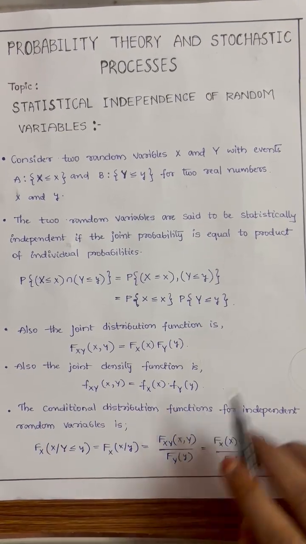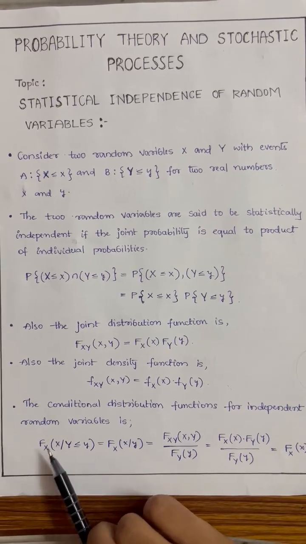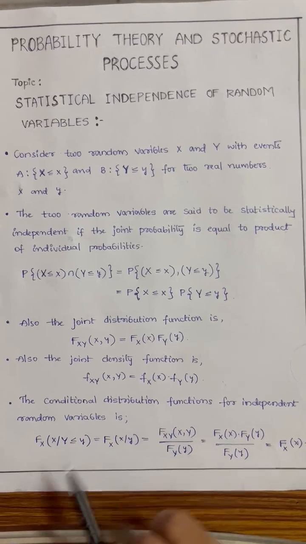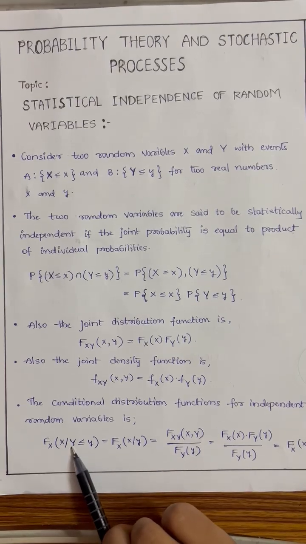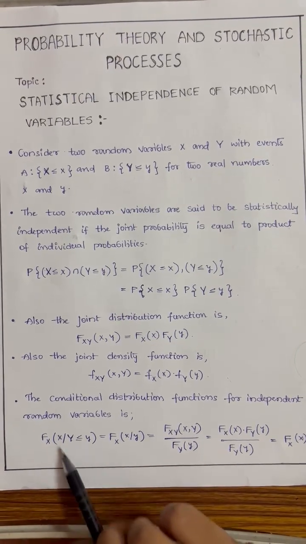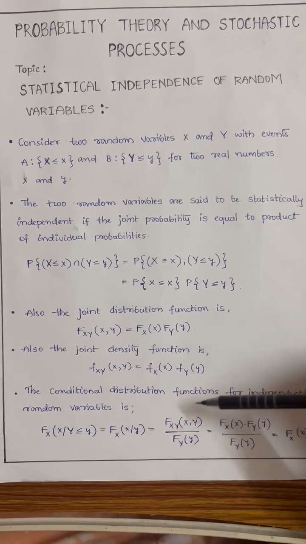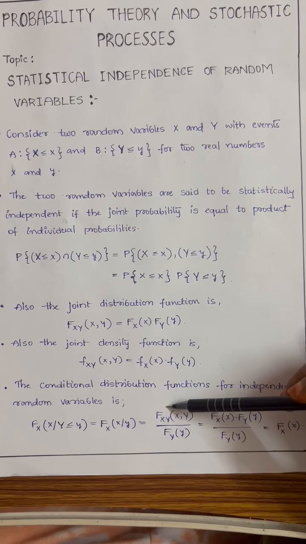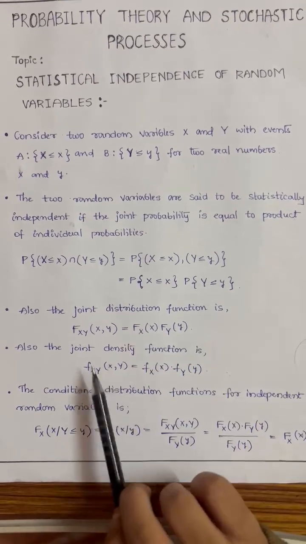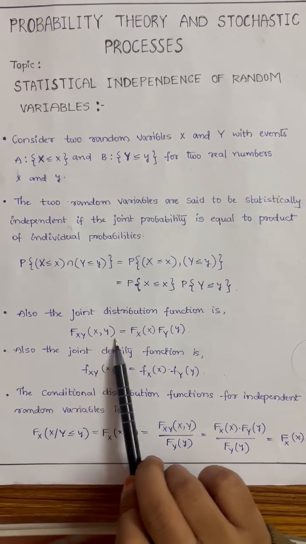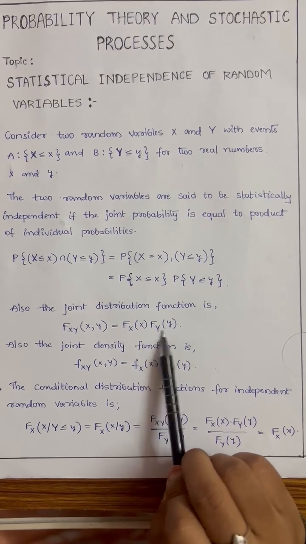Now the conditional distribution function for independent random variables is written as, we discussed conditional distribution function previously. The mathematical formula is F of X given Y less than or equal to y, which is the condition, written as F of x by y. So this we can write as F of XY of x comma y. Previously we discussed F of x comma y is written as the product of FX of x into FY of y.